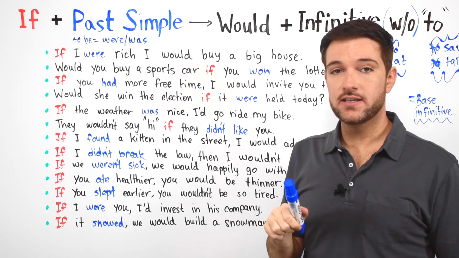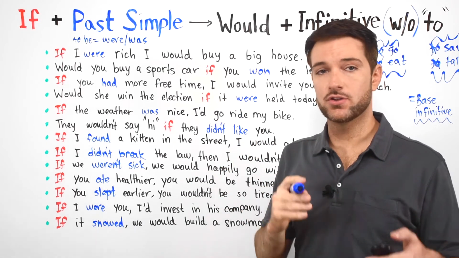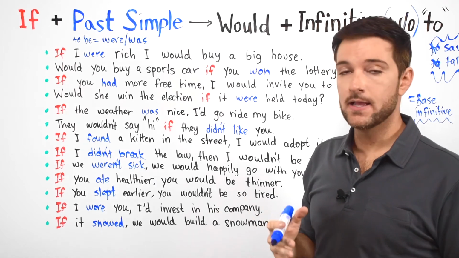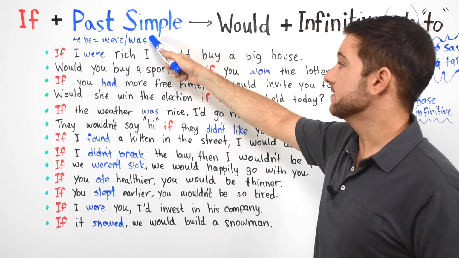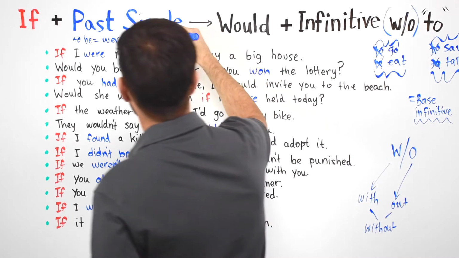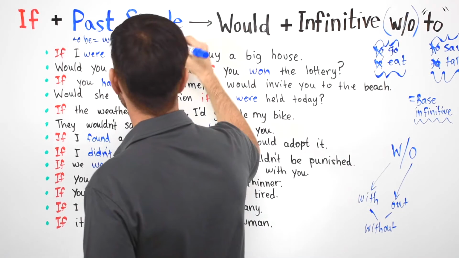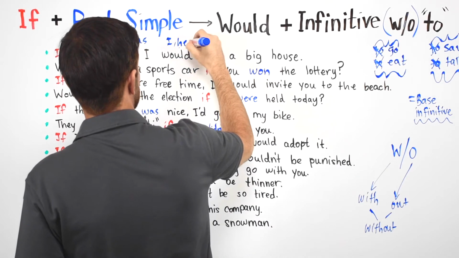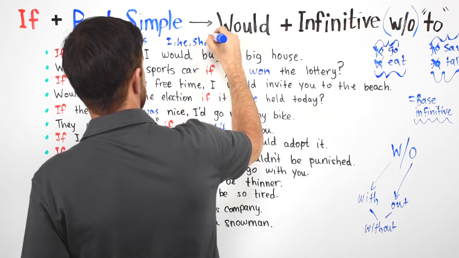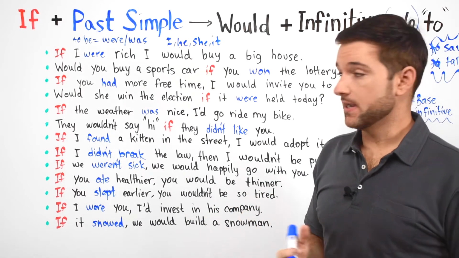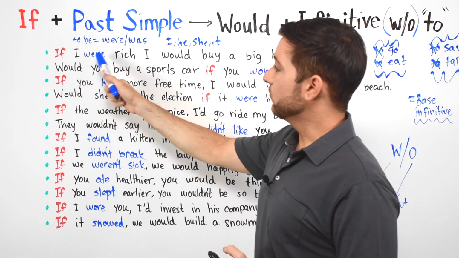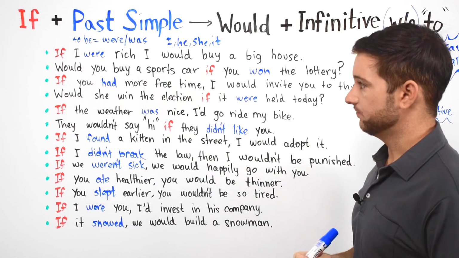So notice that in English, when we use this type of conditional, the conjugation of to be can be either were or was for the pronouns I, he, she, and it.